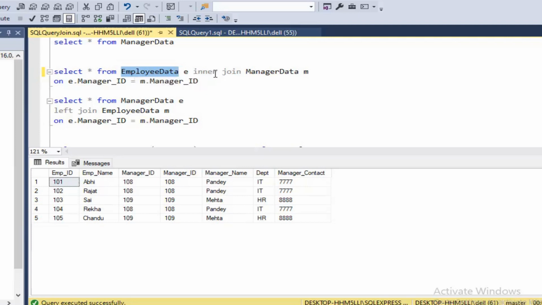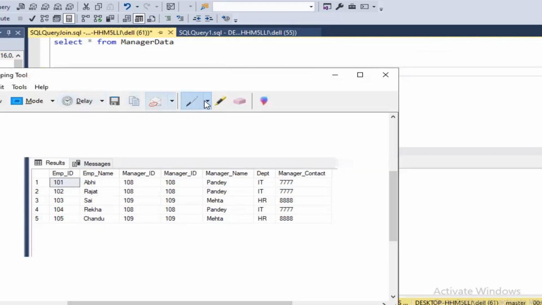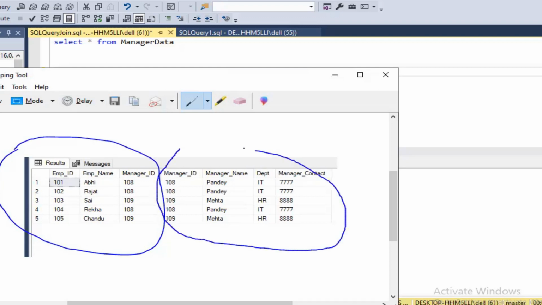So when I make it a left join, you observe this data will come, and with that you will get additional lines from the left table. This is your left table, this is your right table. These are coming from your left table and these are coming from your right table.